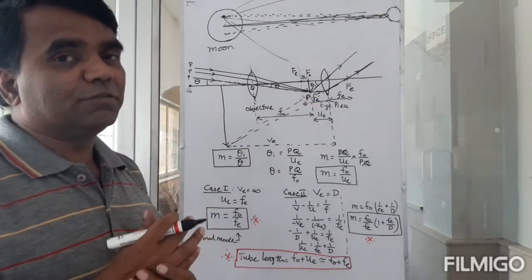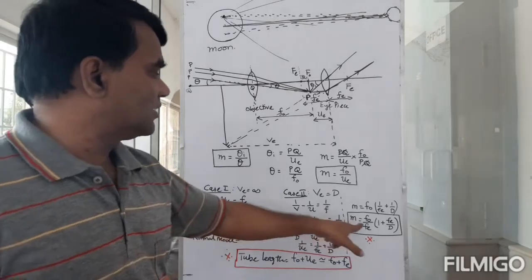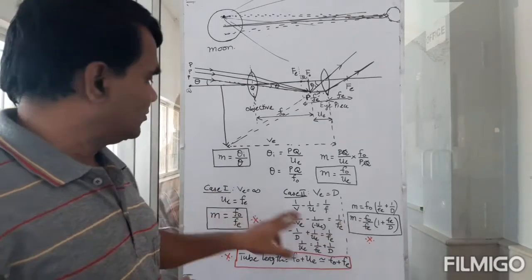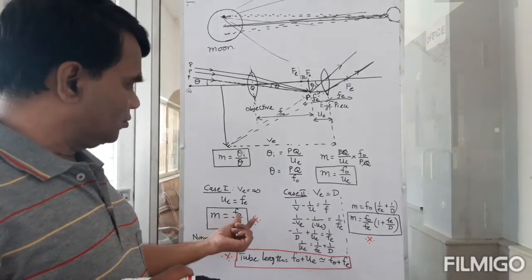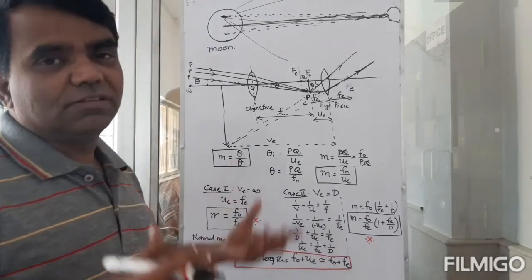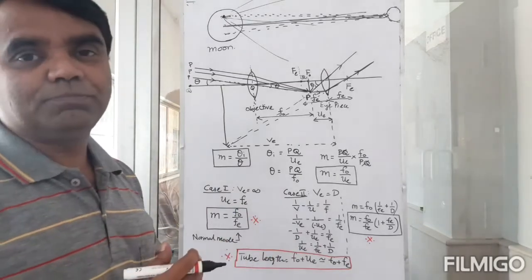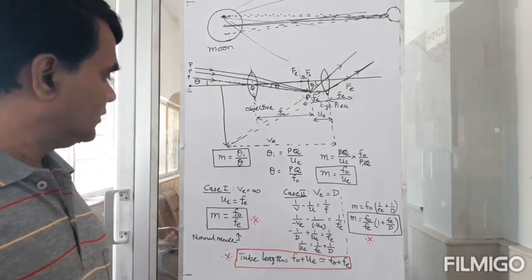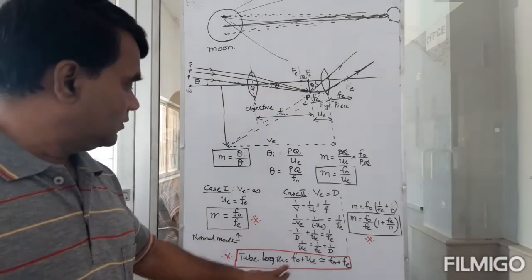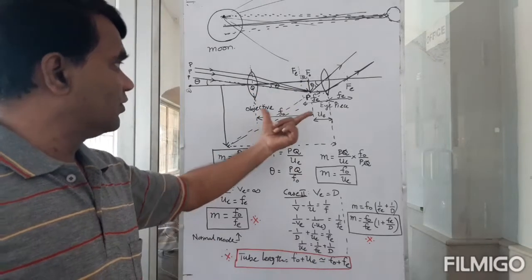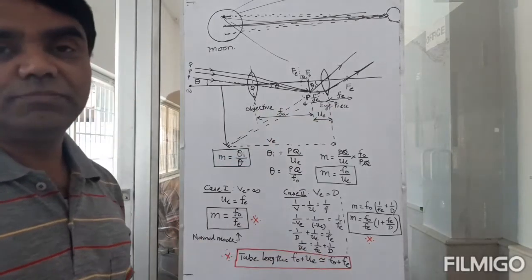And the third point to remember is magnification doesn't change much between these two cases. So I can treat this to be the magnification for the most part. And the tube length of the telescope is equal to f0 plus fe approximately.